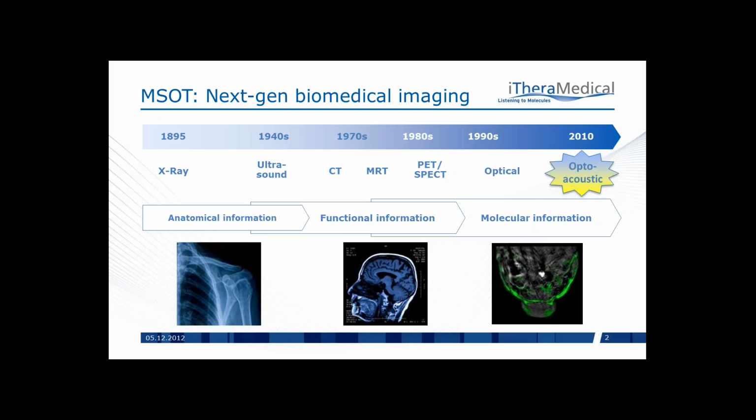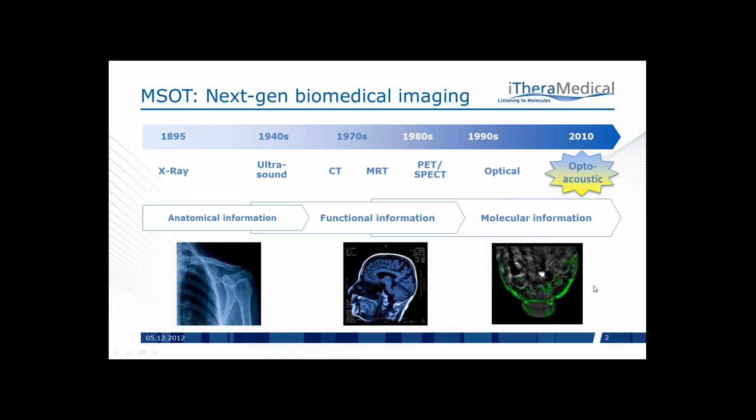And then in the last couple of decades, we've also had access to molecular information through PET, SPECT, and optical imaging. But as these different modalities have emerged, they have not replaced the previously available modalities, rather they've been a complement. And we think this will be the case as well with optoacoustics, where we finally have a single modality that is able to capture anatomical, functional, and molecular information simultaneously.